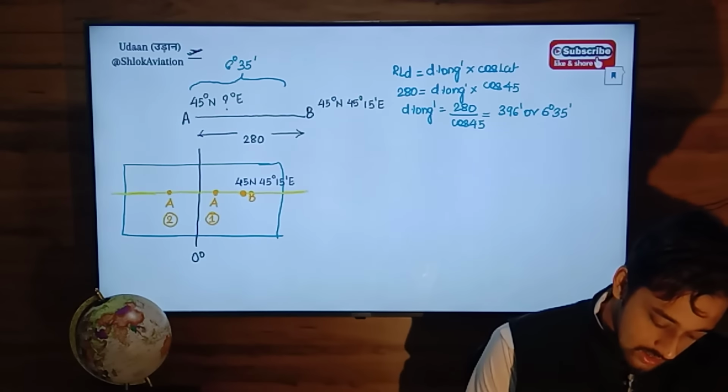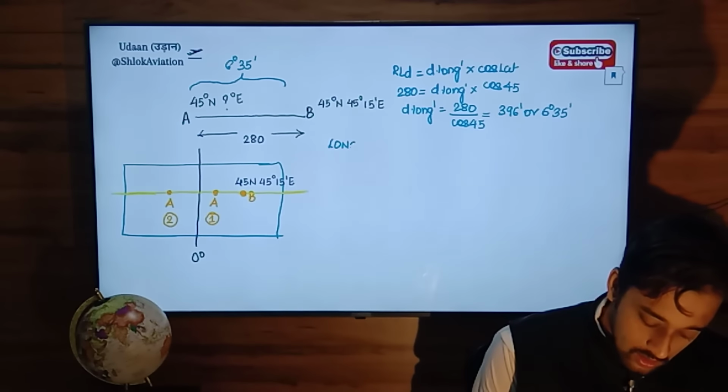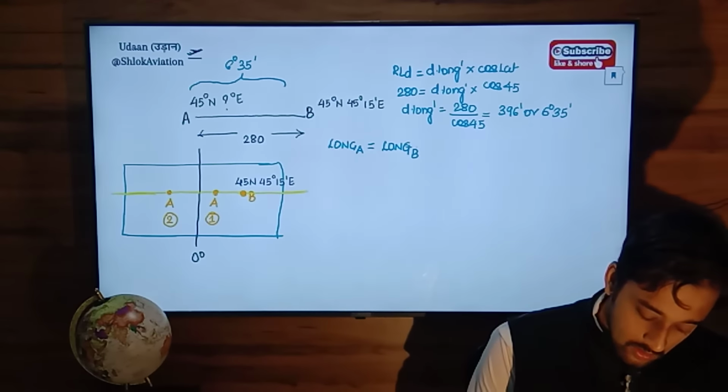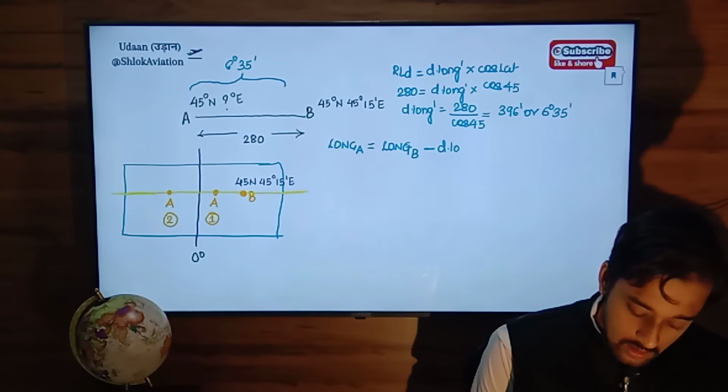So longitude of A equals longitude of B minus d long.